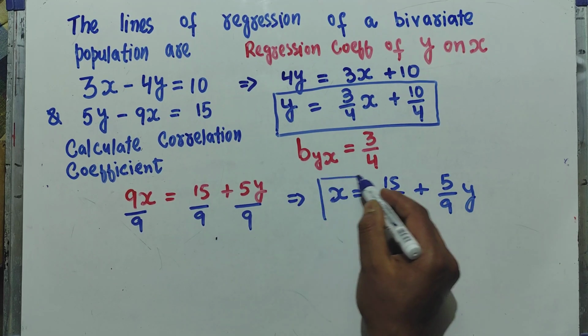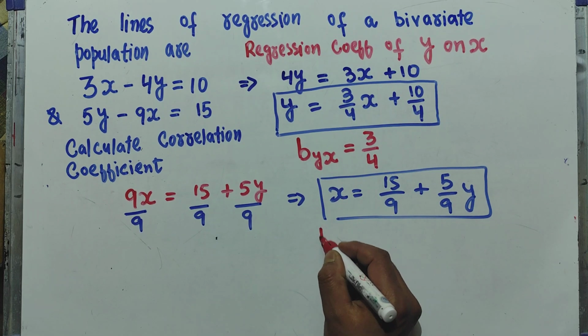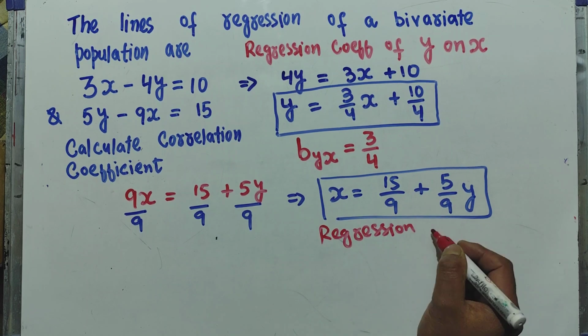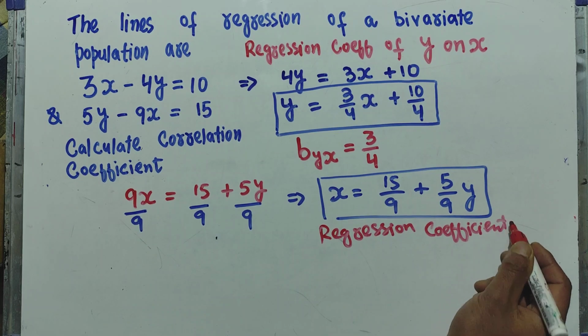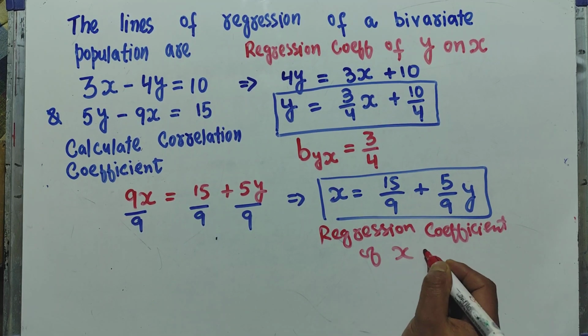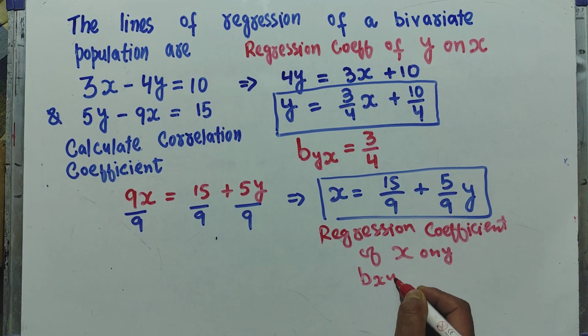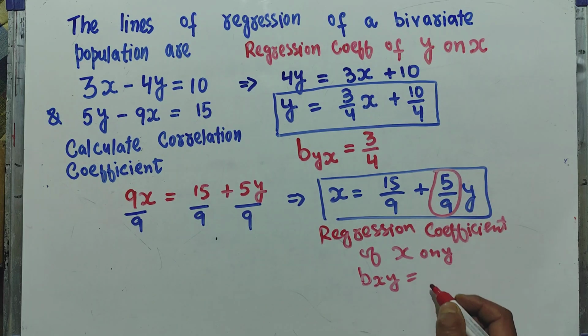So this is the regression coefficient of x on y. So we get bxy, the coefficient here, is 5 upon 9.